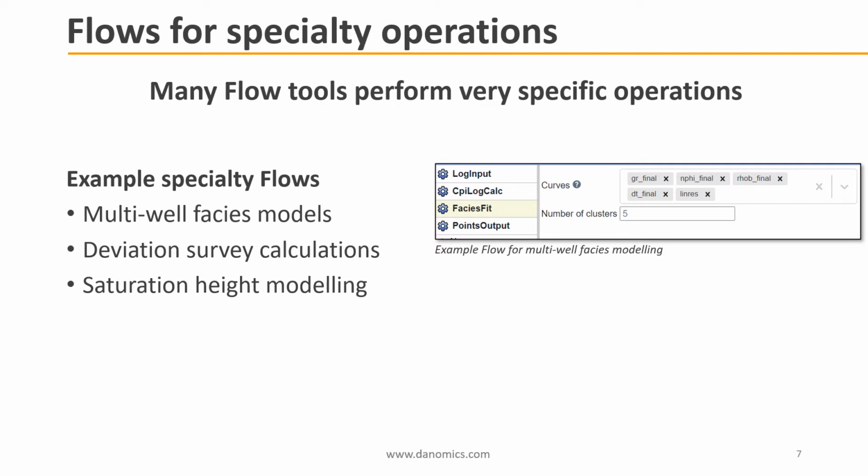So this type of flow tool gives you the ability to do specialized one-off operations. And for us, these are tools that are easier for us to build out because they don't affect the core part of the product. It's just one specific tool, so we can have a much faster development cycle on those, which allows us to meet your needs a bit better there.